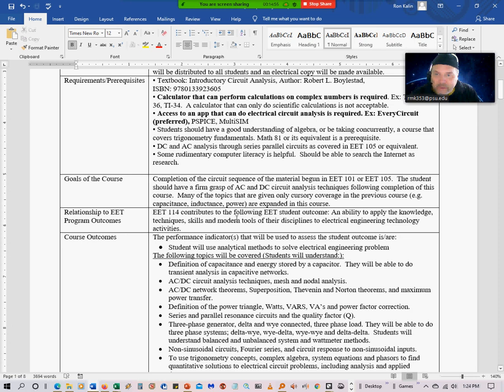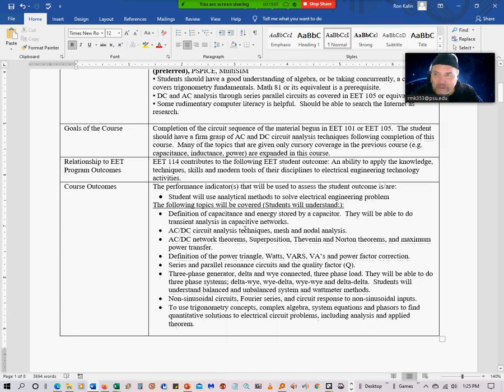EET contributes to the following outcome: an ability to apply knowledge, techniques, and skills of modern tools of their disciplines through electrical engineering technology activities.